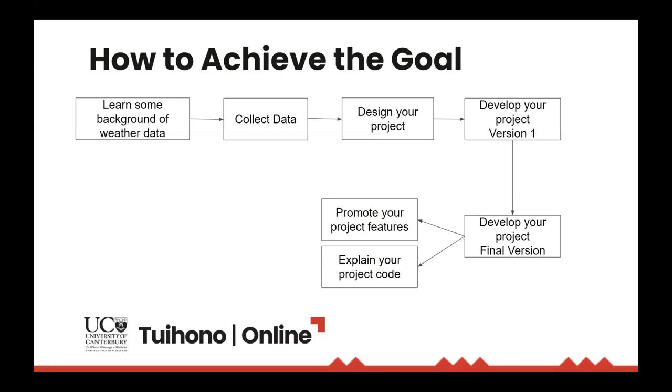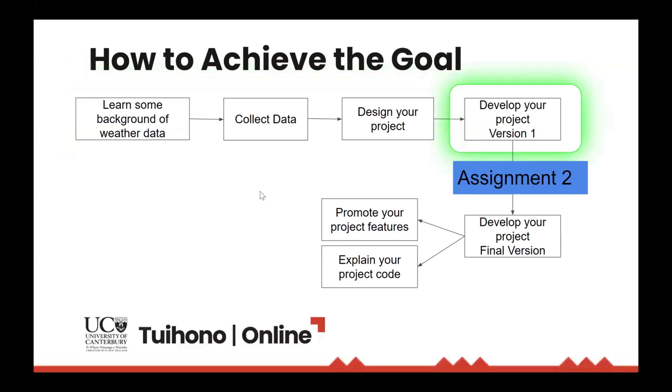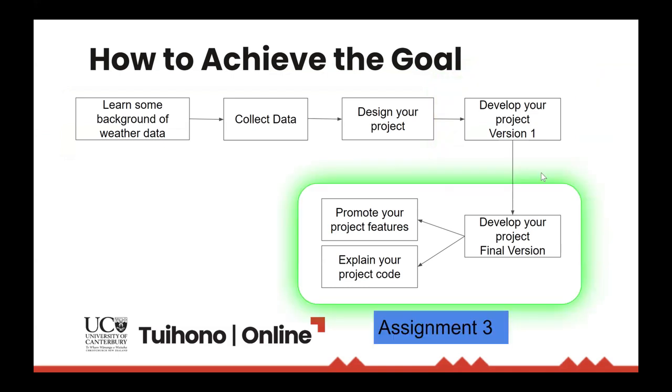This is the overview of the project. So the first 3 tasks, assignment 1 will cover. Then the mini project is a task of assignment 2. The final project is about assignment 3.